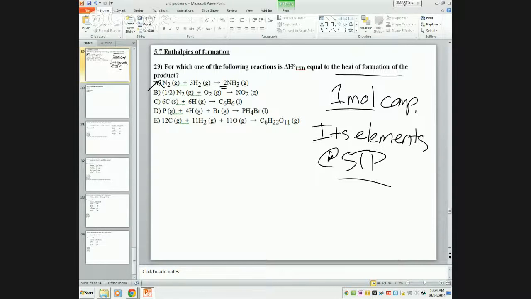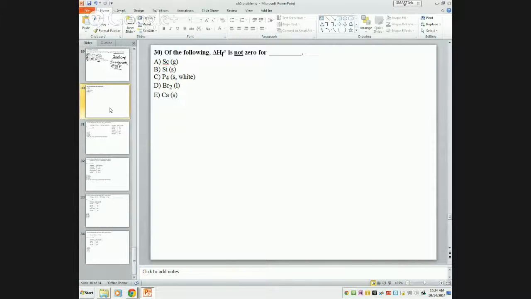So at STP, well, we know that H isn't just H, it should be H2, so it can't be choice C. Again, we got a couple of diatomic molecules that aren't diatomic, so we get rid of D as well as E. So hopefully it's B. We look, we got 1/2 N2 plus O2 gives us 1 mole of NO2. N2 is a gas, O2 is a gas, NO2 is a gas at standard conditions. Awesome. That's it.